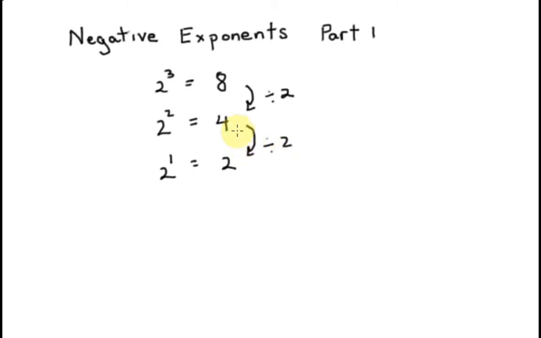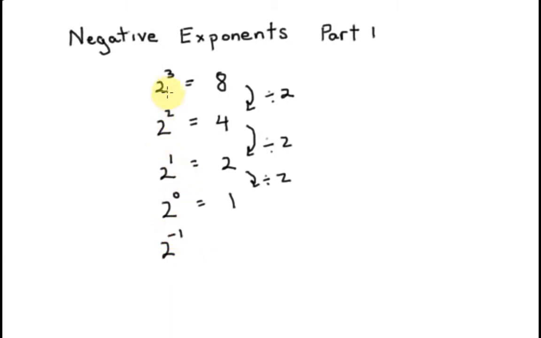Okay, so in other words, for the numbers on the right, I'm just dividing by 2 each time to figure out what these numbers are. So 2 to the 0 should equal 2 divided by 2, which is 1, and that is correct. So what would 2 to the negative 1 be?